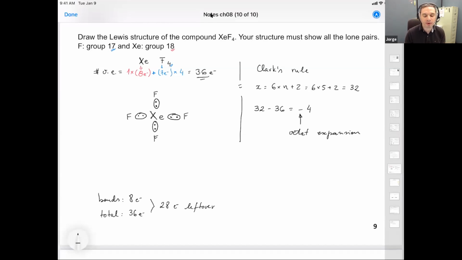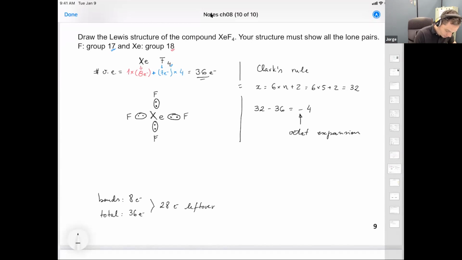The leftover electrons will be used to fill up the octet, starting with the atoms on the outside of the structure. And if there are still leftover electrons, it will be dumped on the central atom.